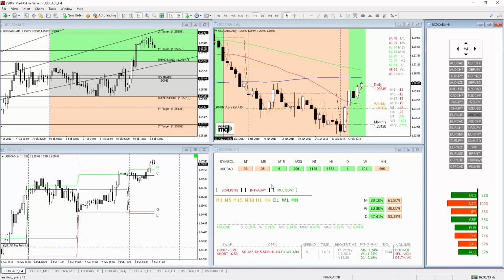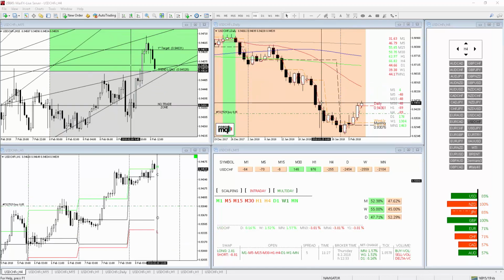We have a breakout of the previous highs on the daily and the weekly time frames, a bullish percentage confluence up to the yearly level, a weekly statistical forecast in favor of a possible continuation to the upside, an RSI above 50 from M5 to the daily. So with a 57% short Canadian dollar, if the market remains above 125.77, we may have a continuation of the bullish move.